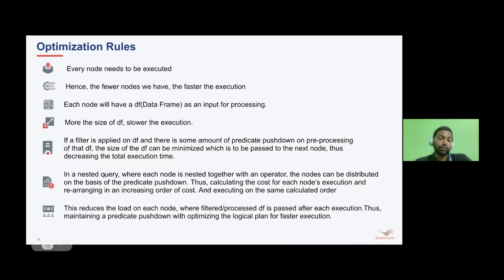So in our case, we have a nested query, where each node is nested with an operator, like and or or. The nodes can be distributed on the basis of some cost, or we can define the cost, and that cost can be used to apply the filter beforehand, like the predicate pushdown.